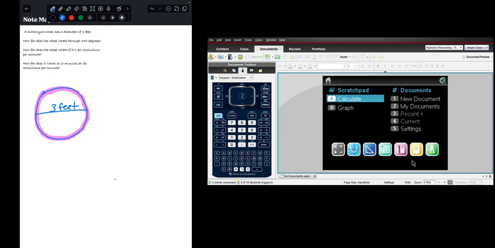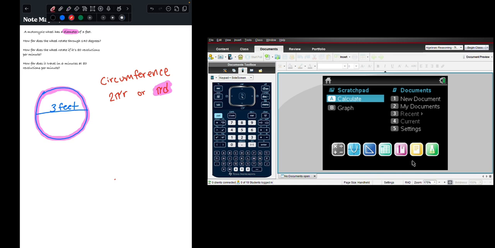Well, when we talk about this, it's talking about circumference, okay? We're going to write down circumference, and that formula is going to be either 2 pi r or pi d. And since we're talking about diameter here, we're going to use the one that has the diameter included already, okay?